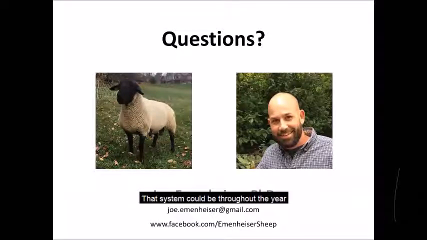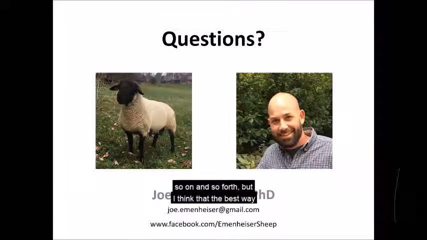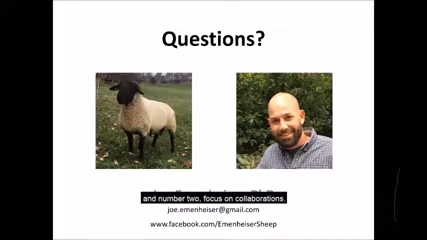That system could be throughout the year, and that's going to have some variation based on what's needed at different times, and so on and so forth. But I think that the best way to achieve improved uniformity, there's two of them. Number one, focus on objective measurements. And number two, focus on collaborations.